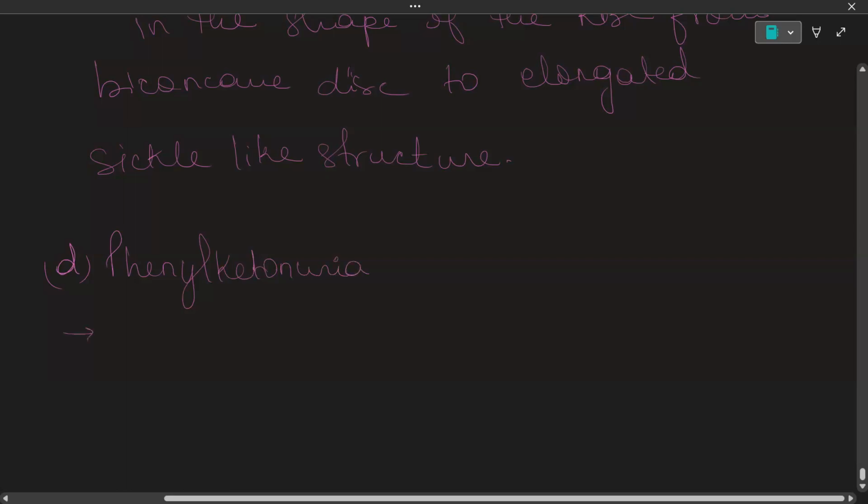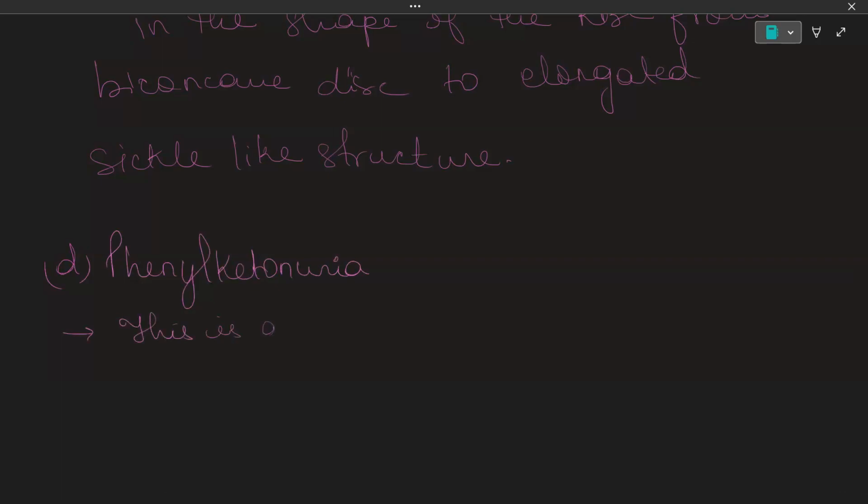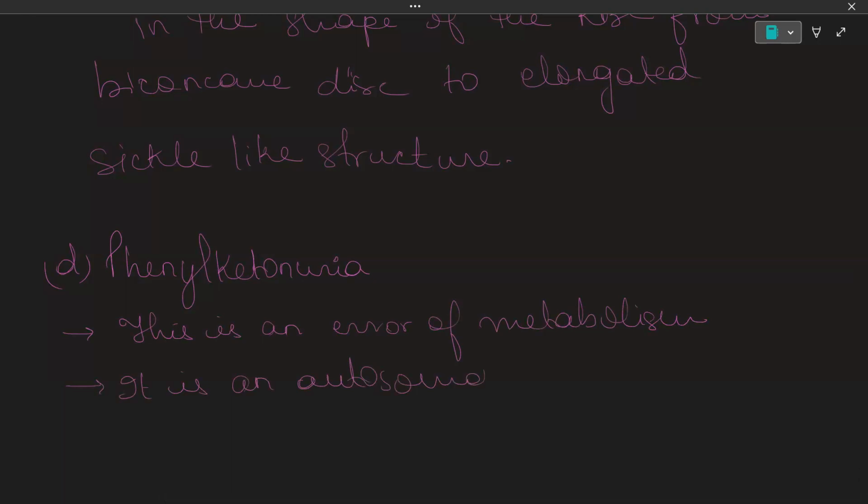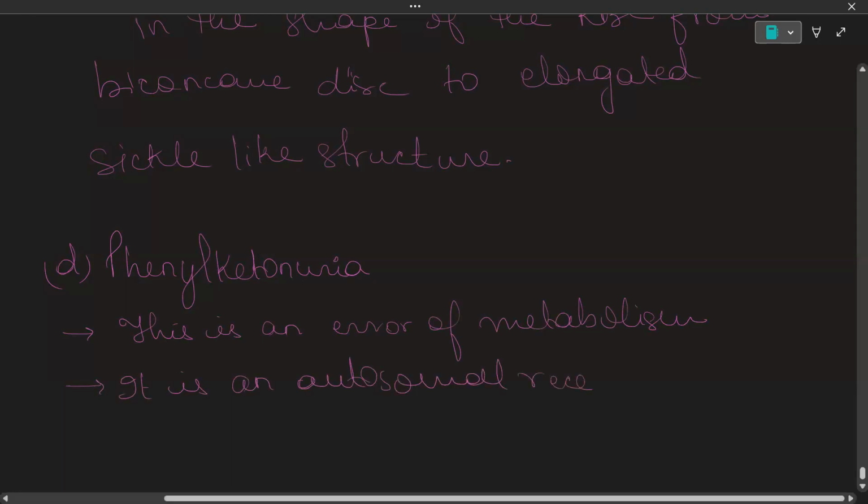Now let us write that this is an error of metabolism. It is an autosomal recessive disease.